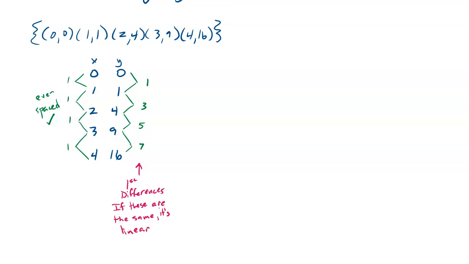If all of these numbers were the same, this would be a linear function, like a straight line. But these obviously aren't all the same.